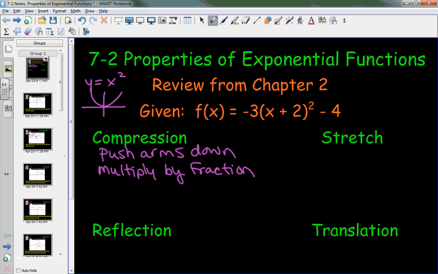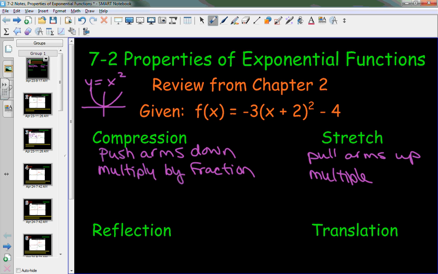Now, if you push the arms down for a compression, and I have y equals x squared, what is the stretch? What would I do with my arms then? If you're stretching, what do you immediately do? You stretch out, which means you make them longer, which means you're pulling the arms up. Okay?